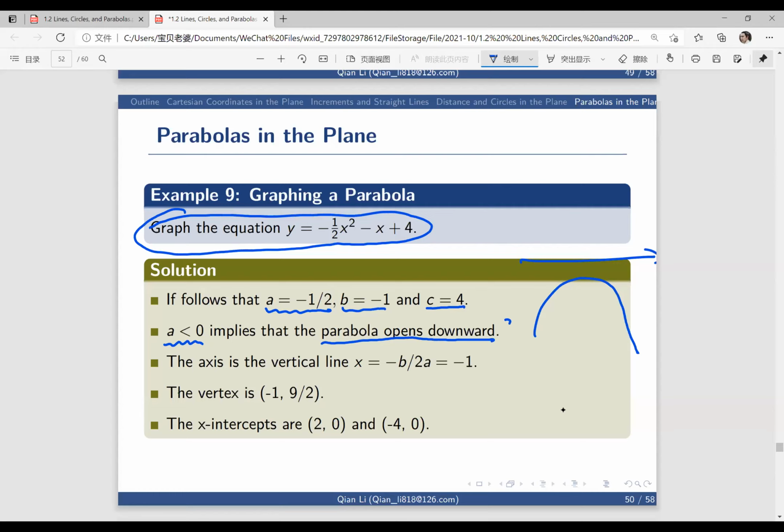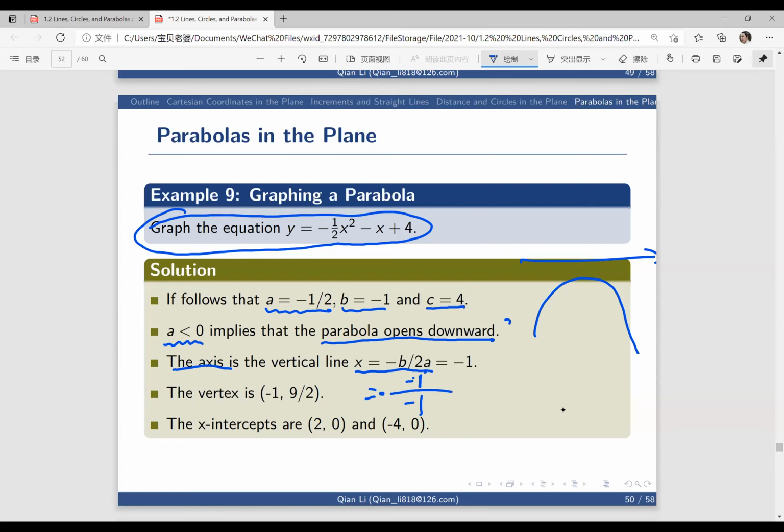And let's see, the axis of this parabola will be x is equal to minus b over 2a, right? And we can get it is equal to minus b. b is equal to -1, right? And 2a is equal to -1, right?